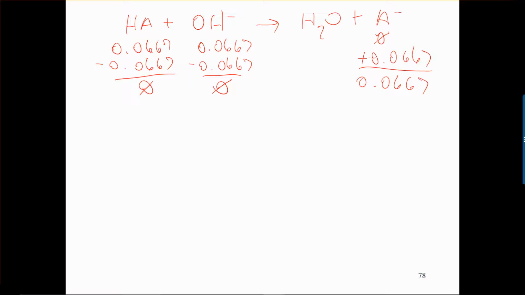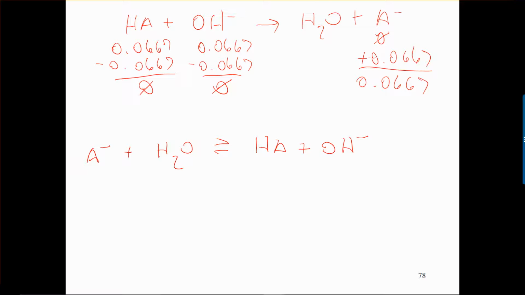Now the question is, what is the pH of a 0.0667 A minus? It'd be the pOH. So A minus plus H2O produces HA plus OH minus.